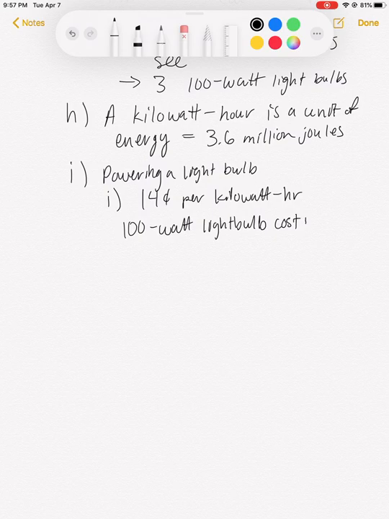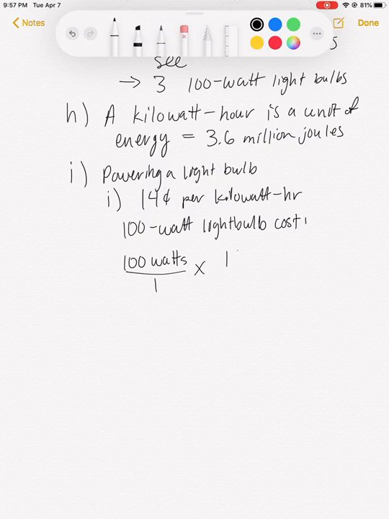Now we need to take our watts and convert them to kilowatt hours, because our cost is 14 cents per kilowatt hour. So our 100 watt light bulb, 100 watts, which means it has 100 joules per second, is a rate.